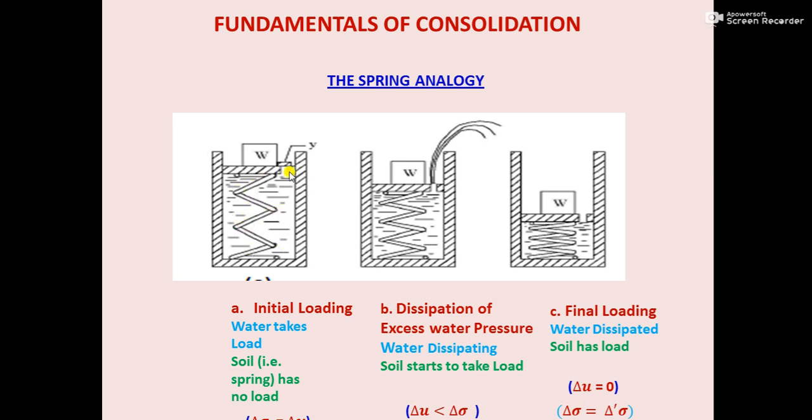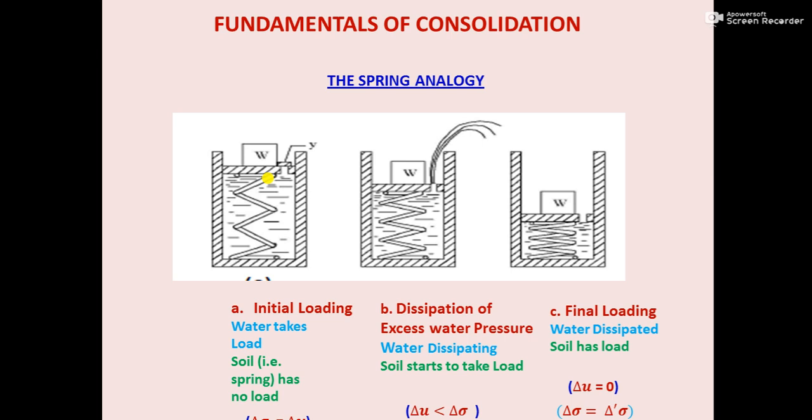Now you put a weight on this. What will happen? This weight will try to press the spring, but initially you will observe the spring will not be pressed at all. Why will it not be pressed at all?